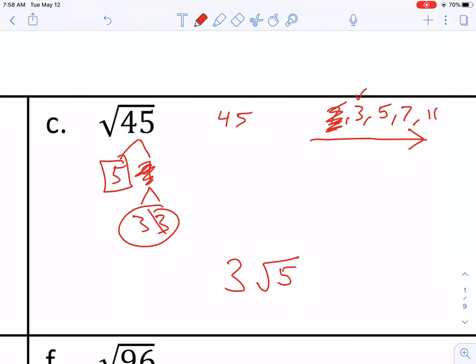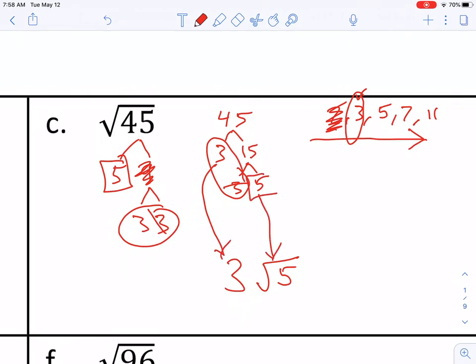Yes. Okay, so 3 and 15. And then will 3 go into 15? You stay on the same number until it doesn't work anymore. And 3 does go into 15, 3 and 5. Pair of 3s. So 1 makes it out, 5 stays inside.